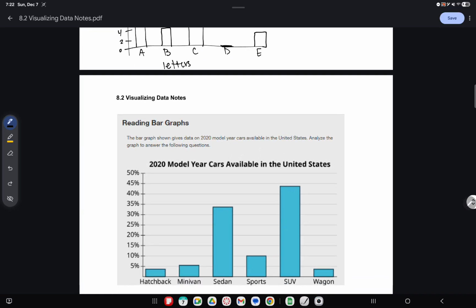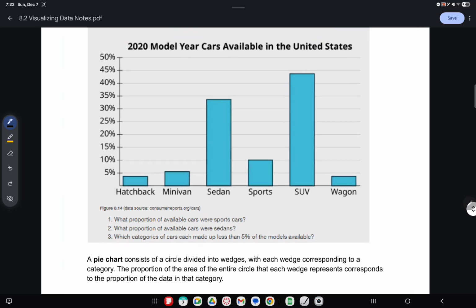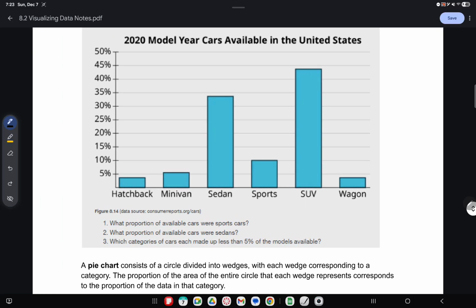Let's look at a bar graph that's given to us and answer some questions. Let's say this is the 2020 model year cars available in the United States: hatchback, minivan, sedan, sports, SUV, and wagon. What proportion of available cars were sports cars? Here's sports cars, and that looks about 10%.